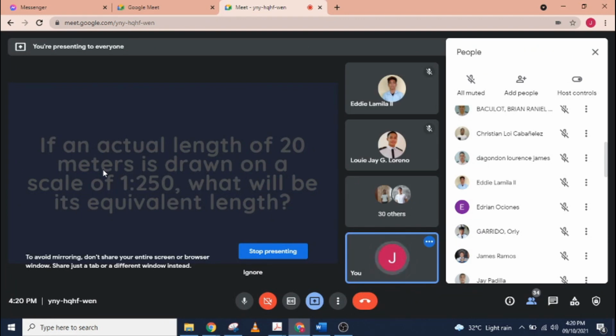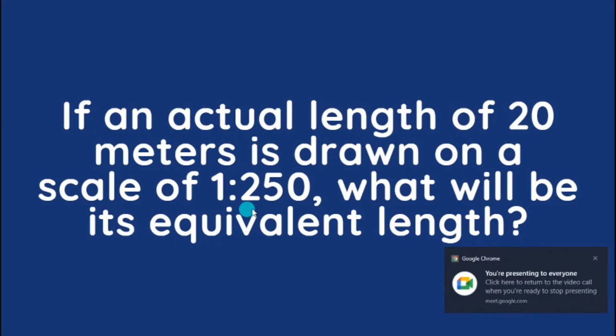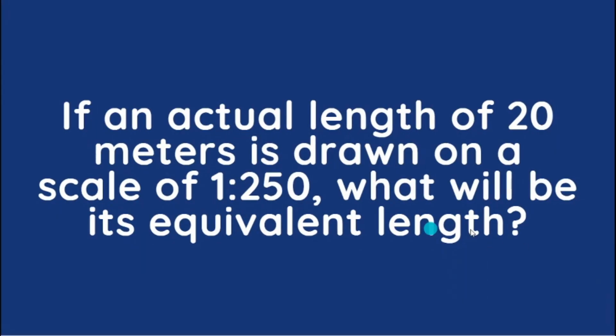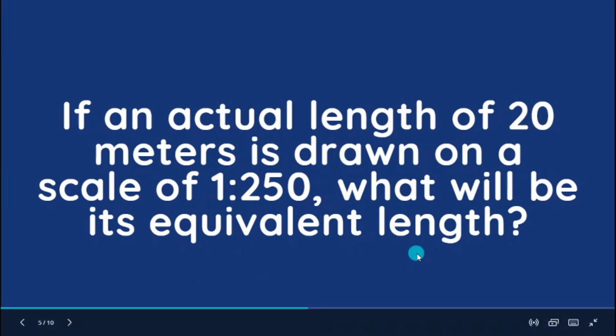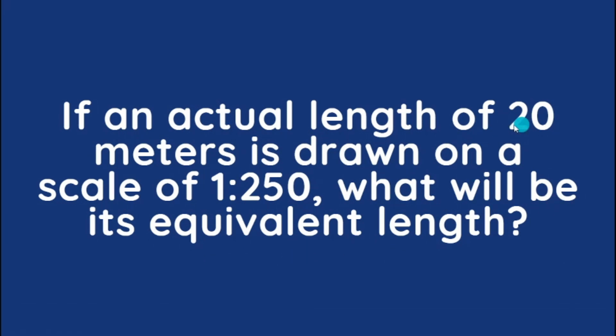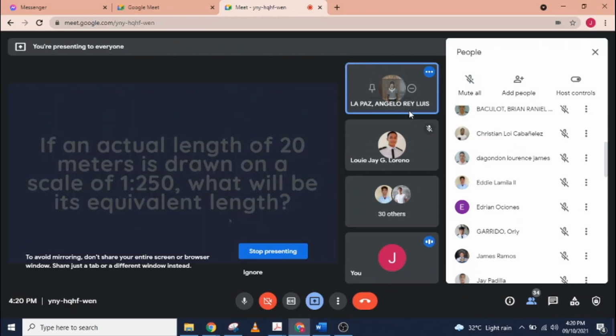But we have to fit it on our drawing plate or bond paper. 20 meters won't fit, so we have to reduce it; we make a reduced size drawing. We see 1:250 here. What will be its equivalent length on the drawing? 5,000 meters, sir. Sige.